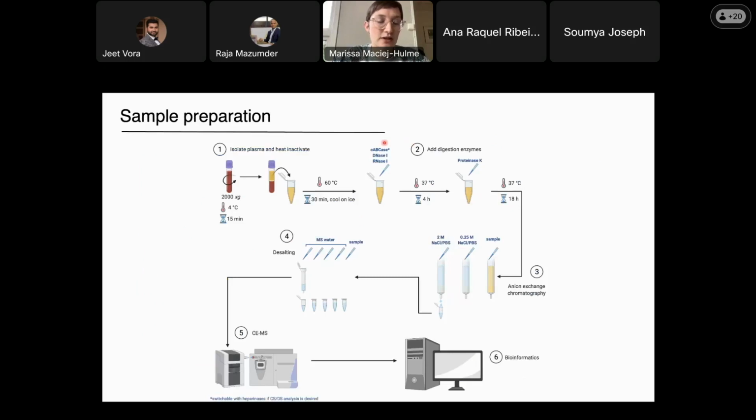So we did chondroitinase ABC for chondroitin sulfate and dermatan sulfate, DNA and RNA, and protein digest. And then we put the samples through an anion exchange chromatography column to separate out the intact heparan sulfate oligosaccharides and get rid of all the small digested material. And then after a series of desalting steps, this is when we performed our CEMS and took it forward for bioinformatics.